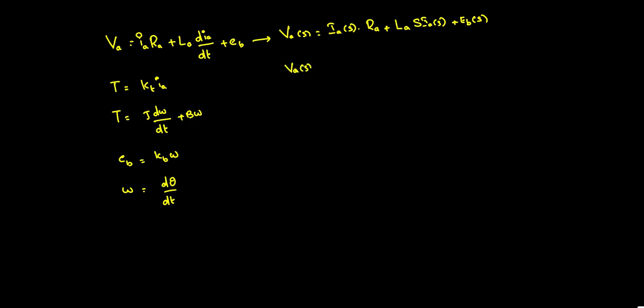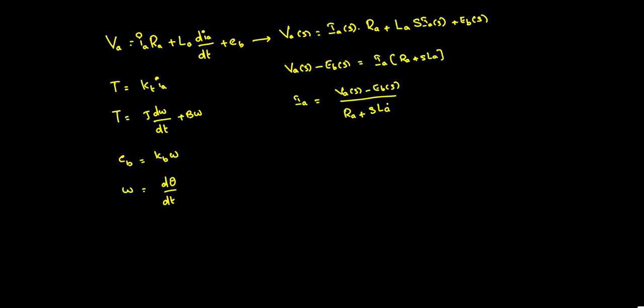VA of s minus EB of s is equal to IA into RA plus s LA. So the output IA is equal to VA of s minus EB of s divided by RA plus s into LA. It is very simple.